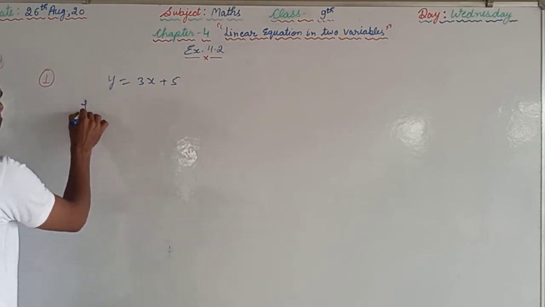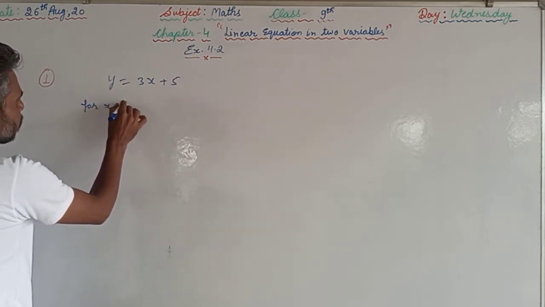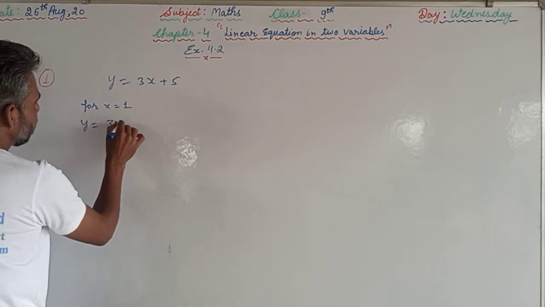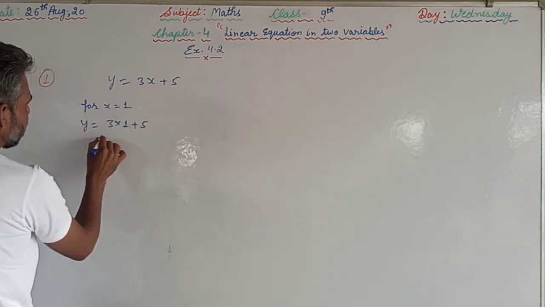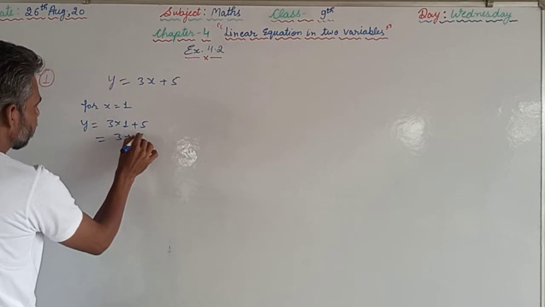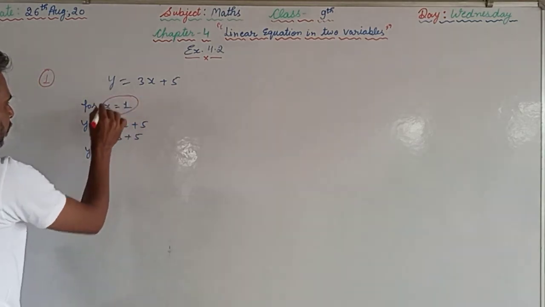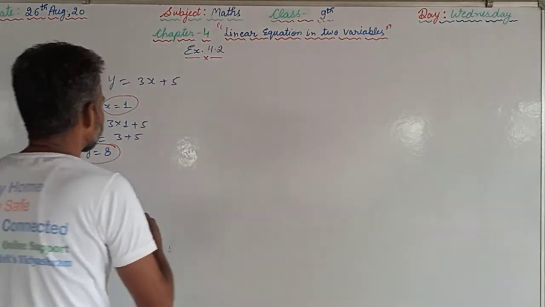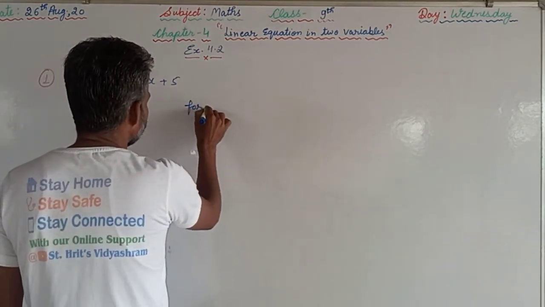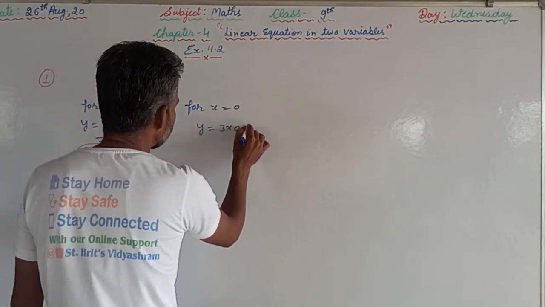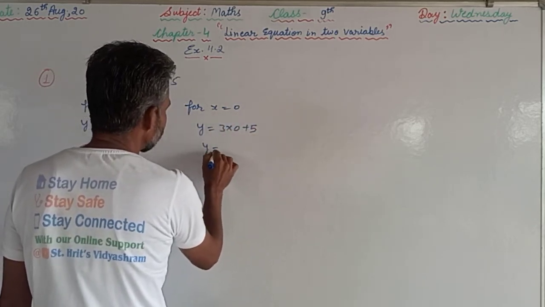Now for x is equal to 1, y will be 3 into 1 plus 5, that is 3 plus 5, means y is equal to 8. If the value of x is 1, the value of y will be 8. For x is equal to 0, y will be 3 into 0 plus 5, means y will be 5.